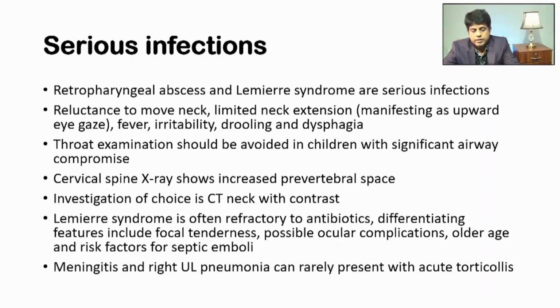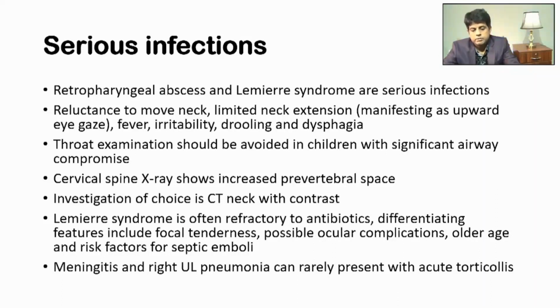With regard to imaging, we can perform a cervical spine X-ray if time permits, and in the case of retropharyngeal abscess, you can appreciate an increased prevertebral space with areas of collected pus. However, the investigation of choice is the CT neck with contrast, which shows the structures with better soft tissue enhancement.